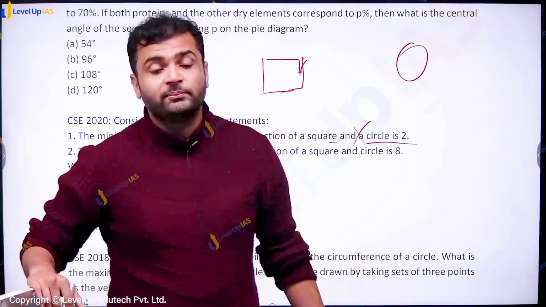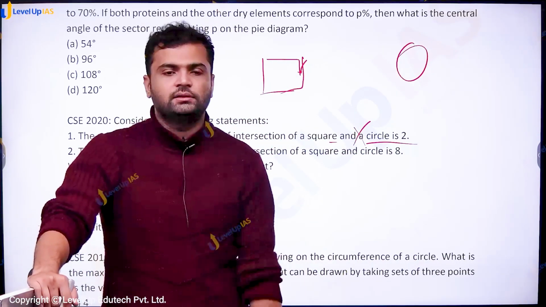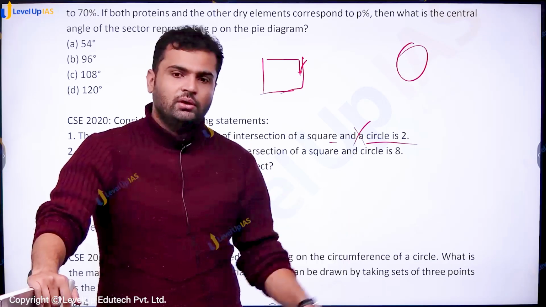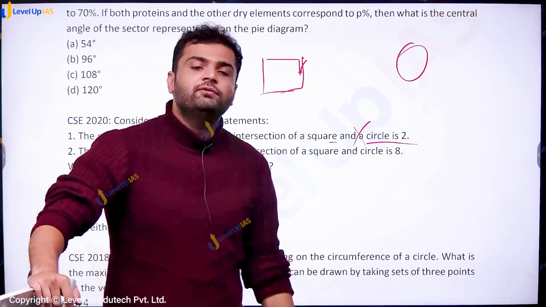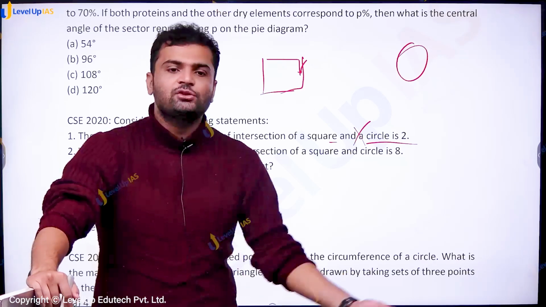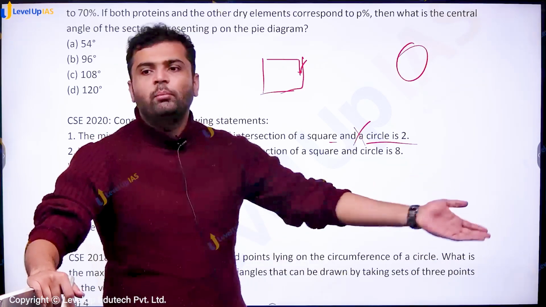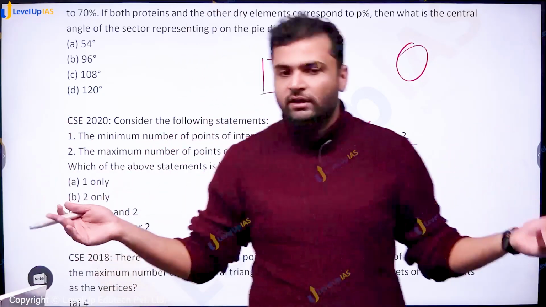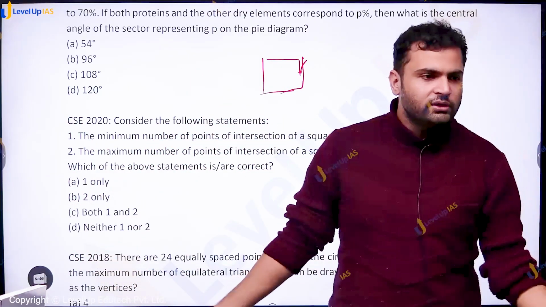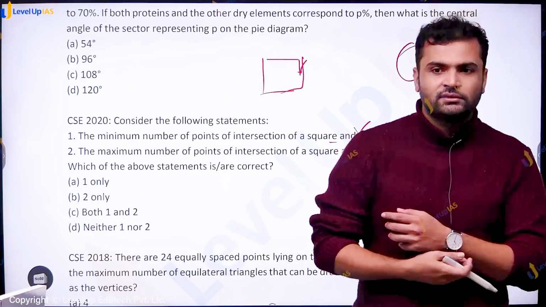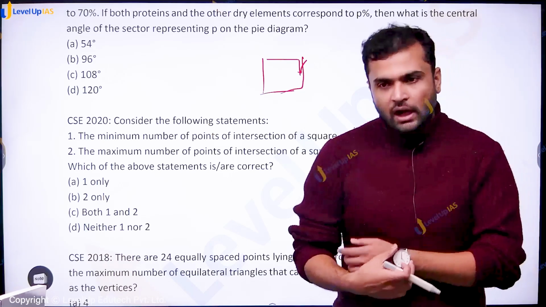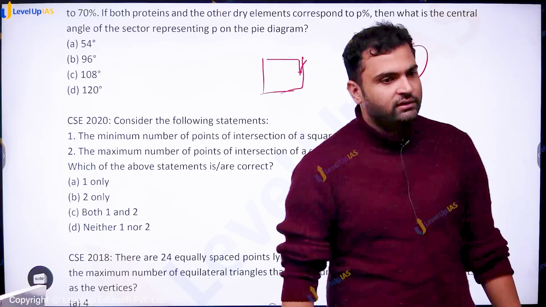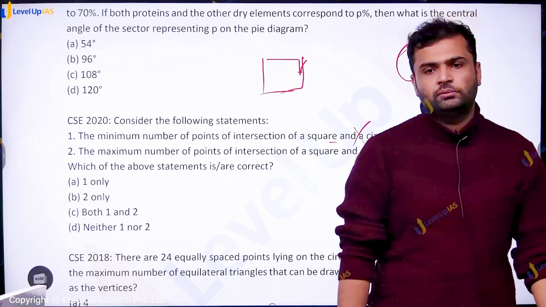ऐसा बोला है उन्होंने कि if they had said that for intersecting square and circle the minimum points of intersection, they have not said anything. They are saying any circle and any square. There could be a circle and square which do not intersect. Exactly. They are giving as open a statement as they can. Very, very open. जो करना है करो.